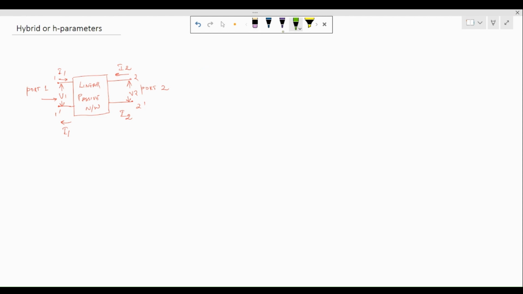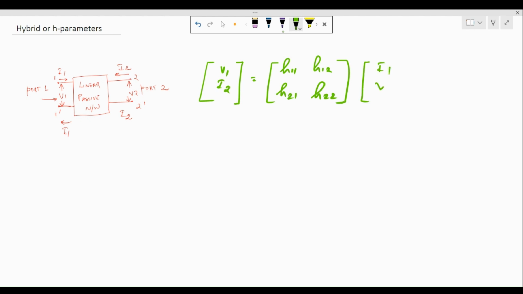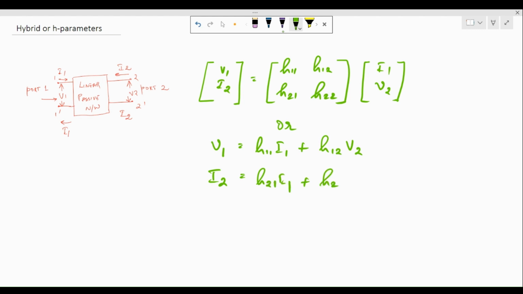So here we will have V1, I2, and that would be equal to H11, H12, H21, H22, which is the H matrix, followed by I1, V2. So when we write it out as equations, we can represent it as V1 is equal to H11 I1 plus H12 V2, and I2 is equal to H21 I1 plus H22 V2.